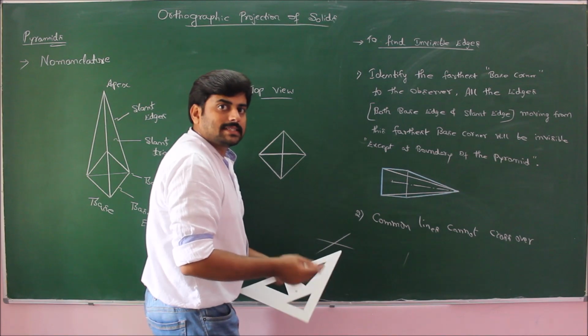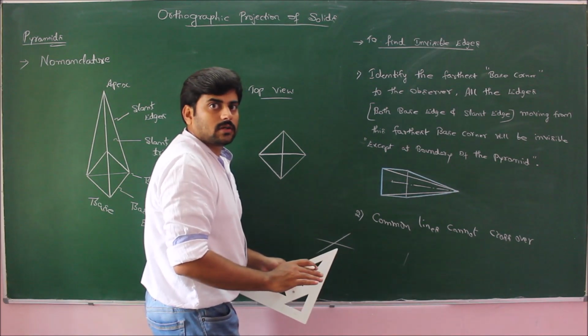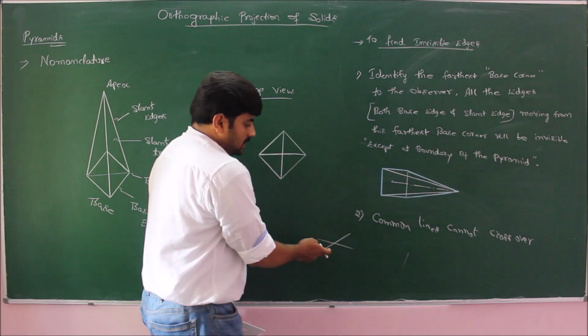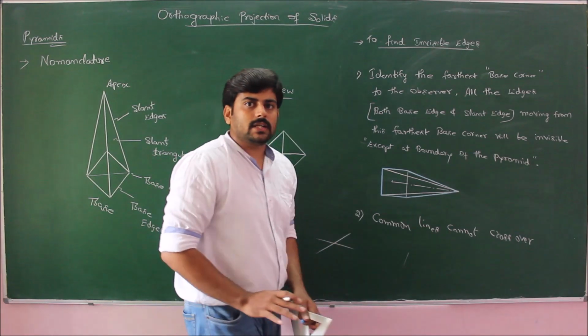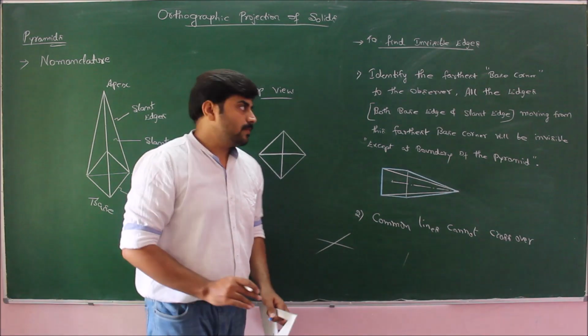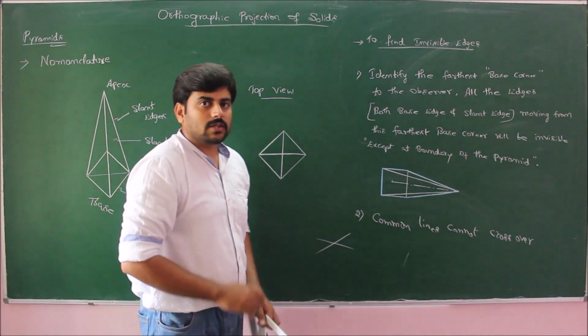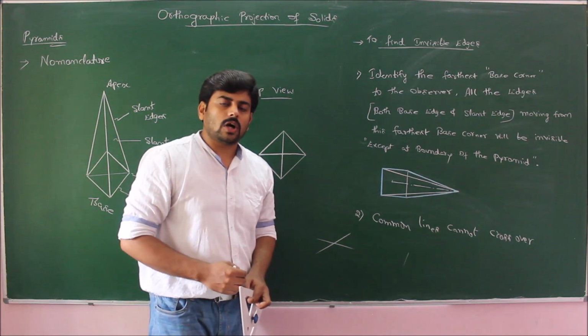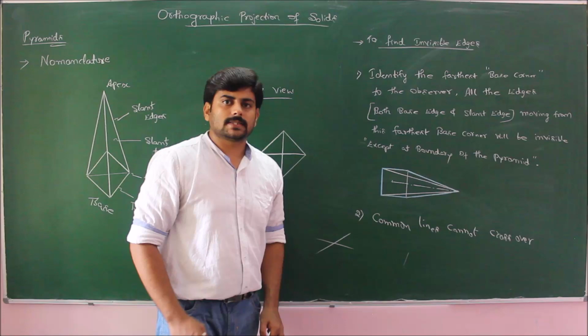Two visible edges can never cross over, and two invisible edges can never cross over. This is the second important condition to find the invisible edges. So by knowing these two important points, we can detect the invisible edges while solving problems on pyramids.